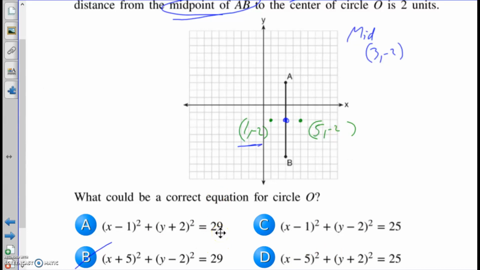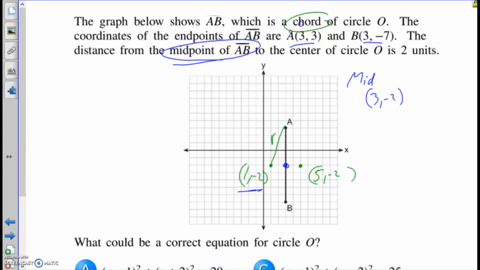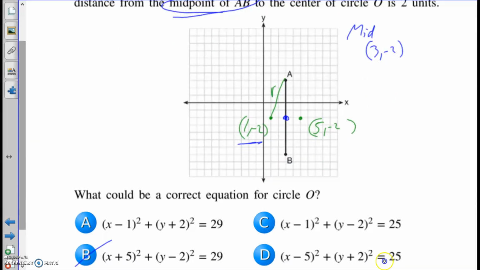So really, what's the radius? Either way, whether this is the center or this is the center, since this is a chord on the circle, that's your radius. You have to picture a circle like that. They're telling you that's a chord on the circle. A chord goes from endpoint to endpoint, so both of these are endpoints on the circle. So what is that radius length?